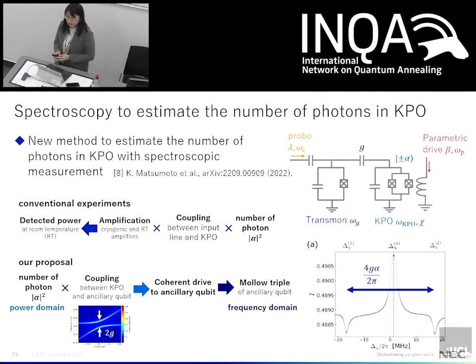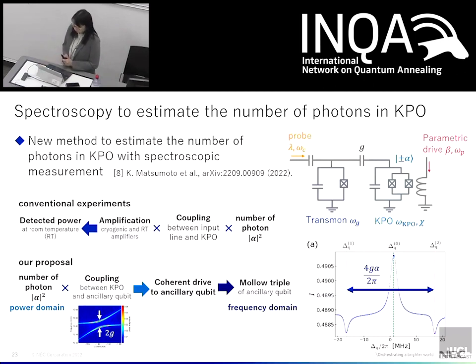When we determine the local magnetic field in the Ising Hamiltonian, determining the photon number is also important, because the actual local magnetic field is determined by the amplitude of the coherent drive and the number of photons in the coherent state generated.